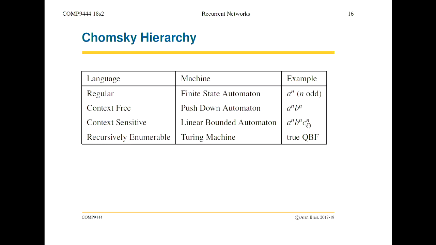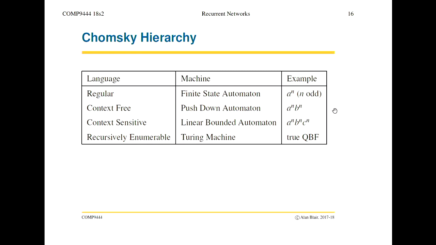So we're just interested in things like ANBN and ANBNCN. Now, with ANBN, there are structures in natural language that mimic this. Some languages have center embedding of clauses, some have tail recursion.